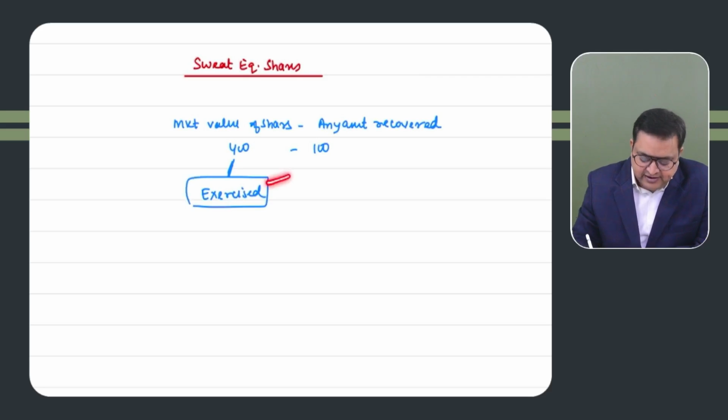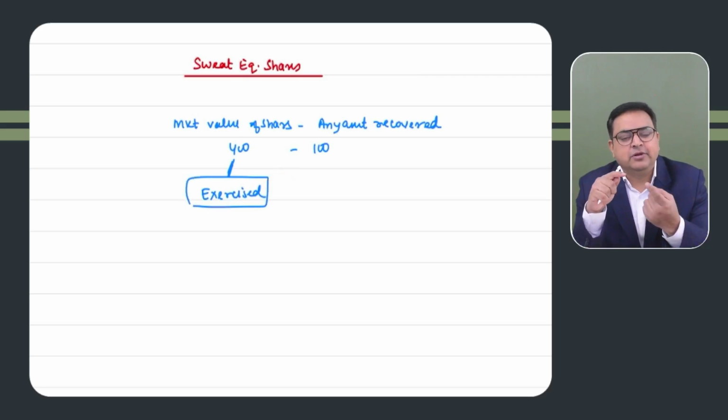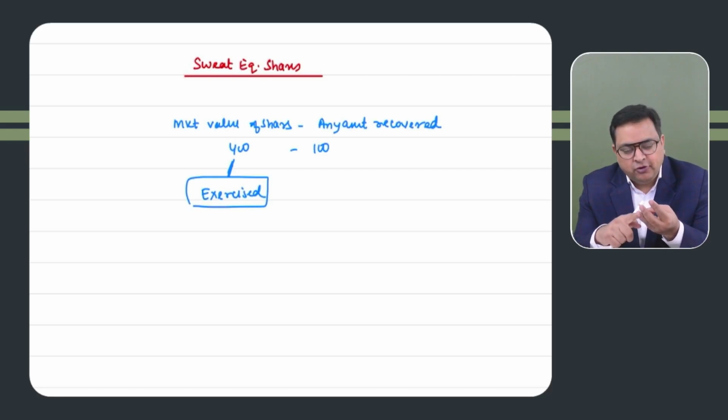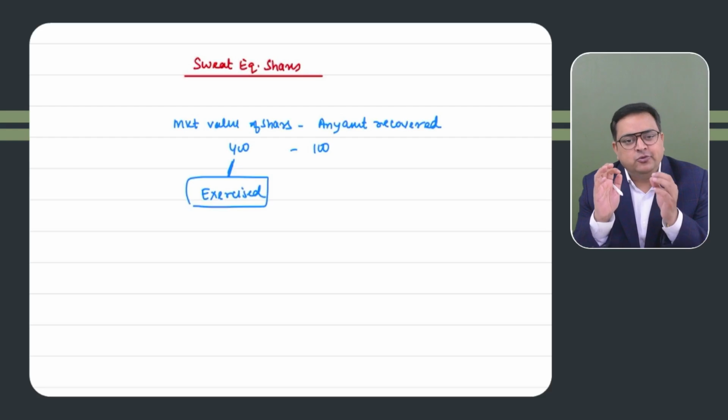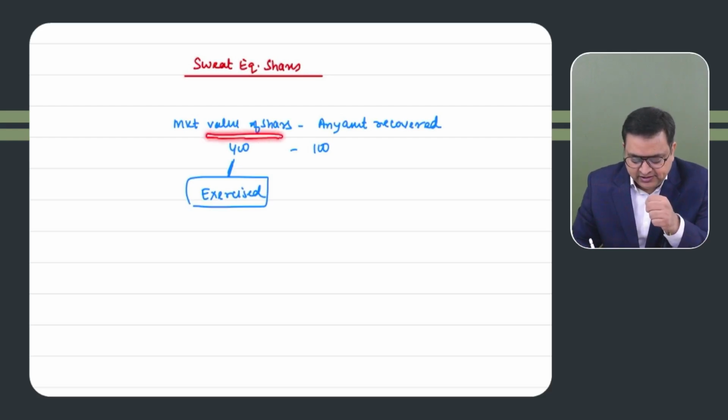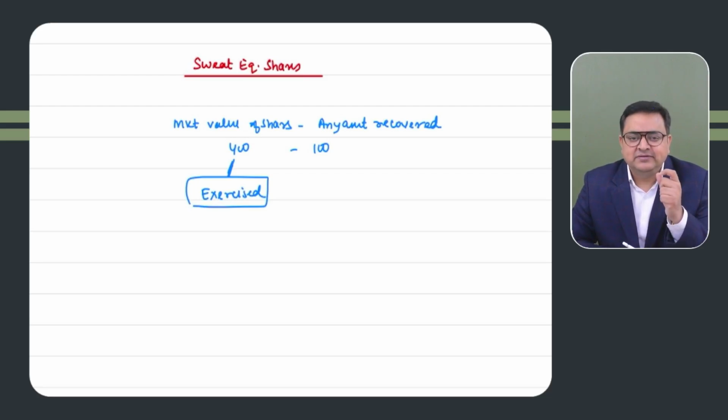The examiner will give you three market values: the market value of the offer date, the exercise date, and the allotment date also. To make it taxable as a perquisite, please take the market value of the shares as on the exercise date. Got it?